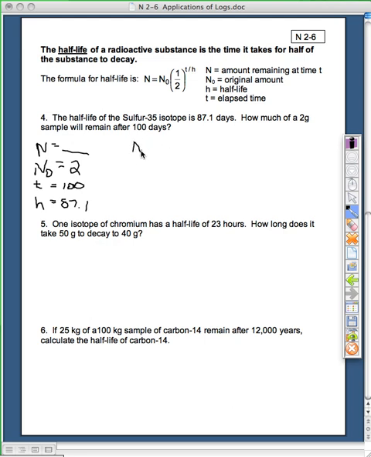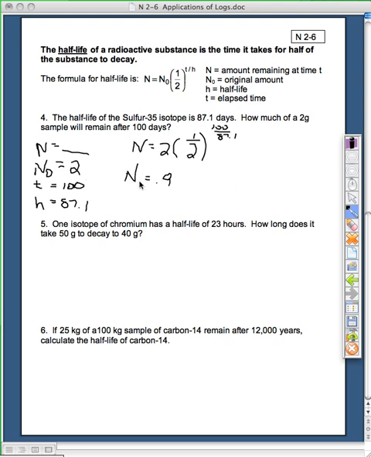N is what we're looking for. 2 times 1/2 raised to the 100 over 87.1 days. And then you just do this calculation. When you do the calculation, it should come out about 0.9 something.